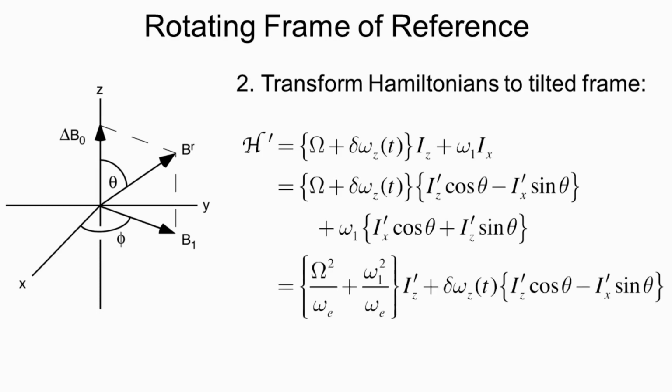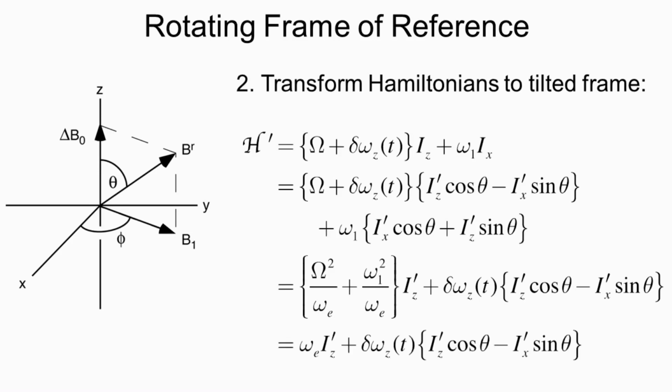Now I've collected up all the terms other than delta omega z in one bracket, and the other term is the terms that are proportional to delta omega z. And now I have to remember what I mean by omega e. Omega e is the square root of the vector sum of the offset and the omega 1 field. So that first term is simply omega e squared over omega e.